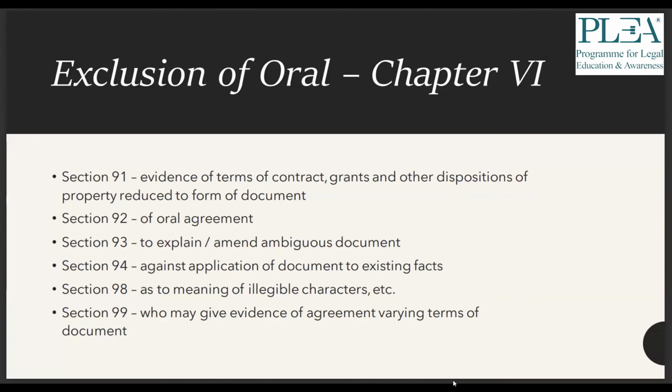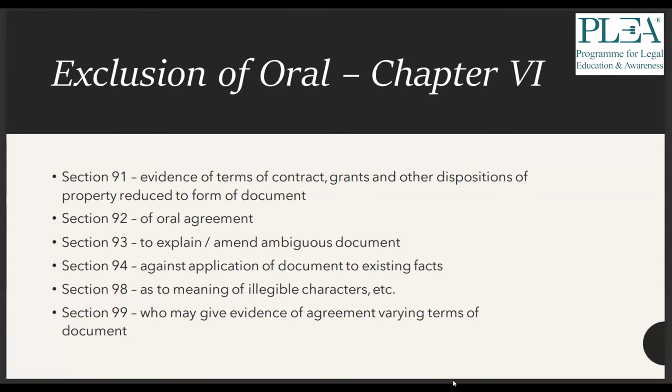So sections 91 and 92 are related to each other, and no other evidence of any oral agreement or statement is to be admitted because you can see it on paper, right? So you cannot really give a statement with respect to the real document, and that's what is called exclusion of oral. Oral means statements which are made, oral evidence.